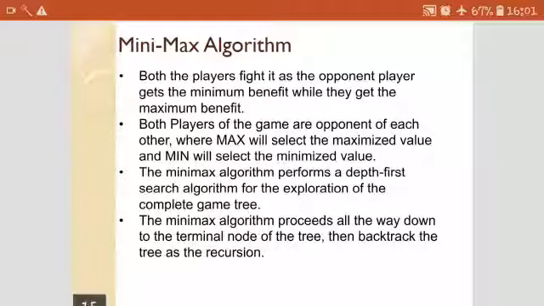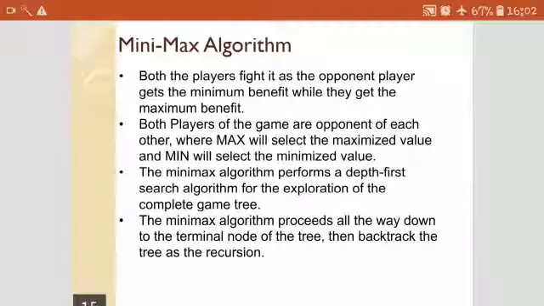In the min-max algorithm there are two players available. One is the maximum player and the other is the minimum player. Maximum always tries to make its value maximum and minimum always tries to make its value minimum.